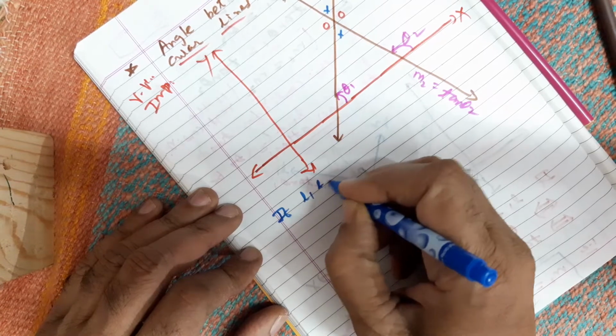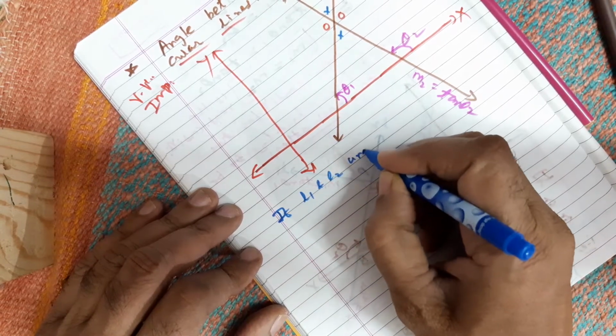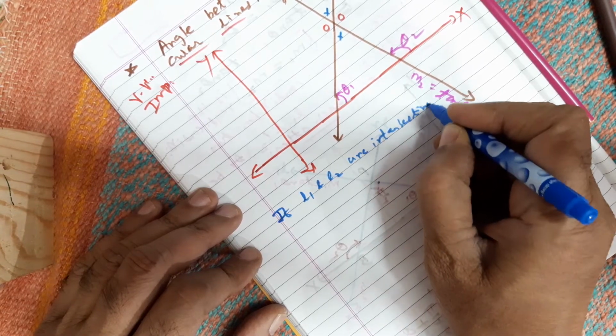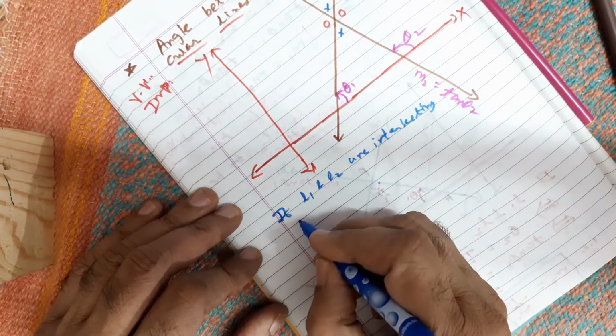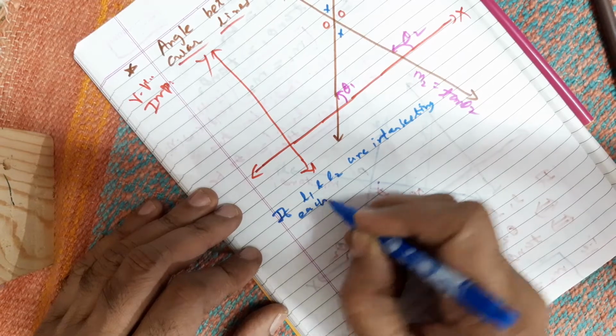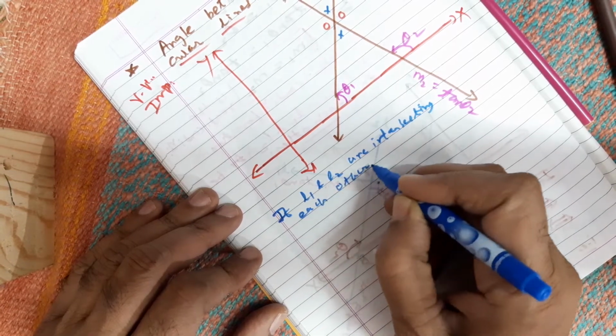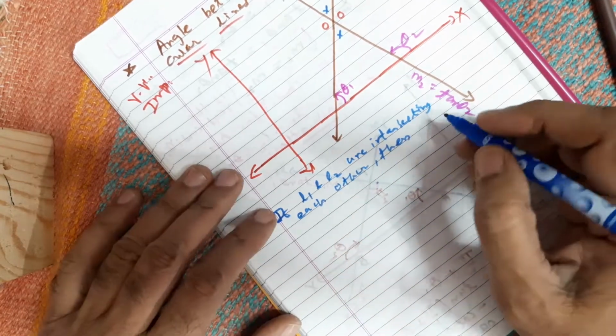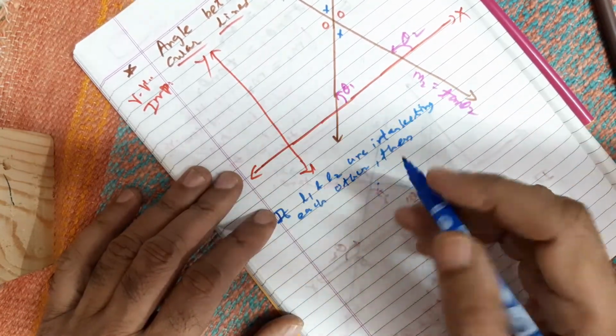So if L1 and L2 are intersecting each other, then what angle will you say? The measure of the acute angle.